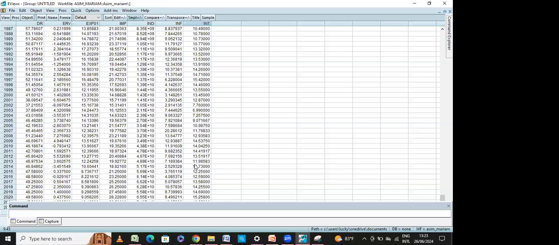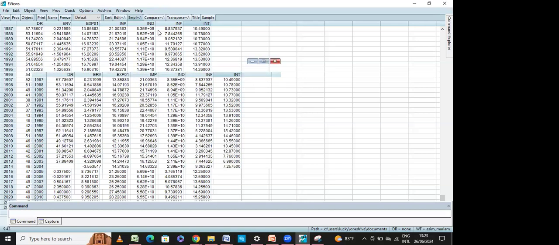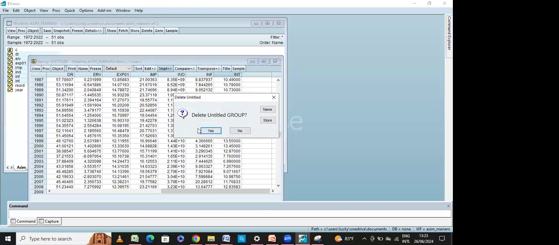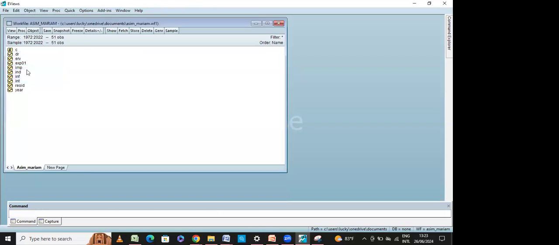So usually whenever we have this kind of situation in our values, we apply log form in ARDL estimation. And how to take log form of any variable, here I am going to explain.